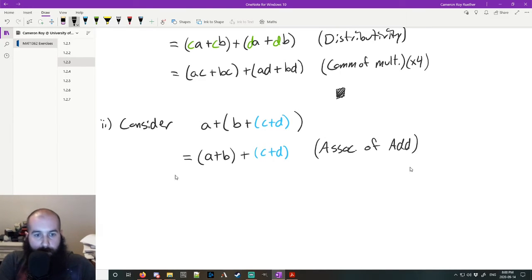And so we're going to move the blue brackets. And what we get is this. The blue brackets get moved to around the first 2 items. And the last item is left on the end. Again, this is associativity of addition. And just rewriting it once in black.